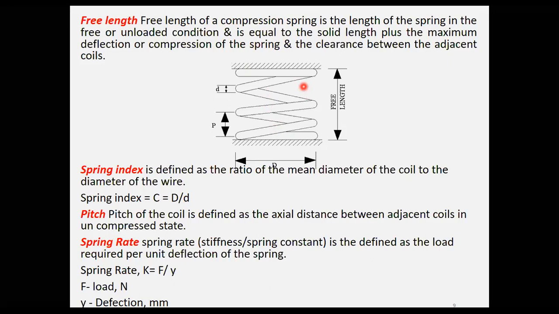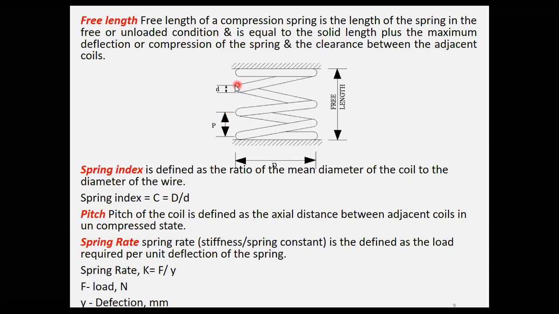After that, the next term which we are going to use is the spring index. Spring index is nothing but the ratio of the mean diameter of the coil divided by the diameter of the wire.